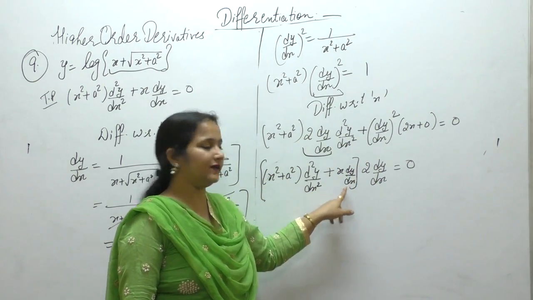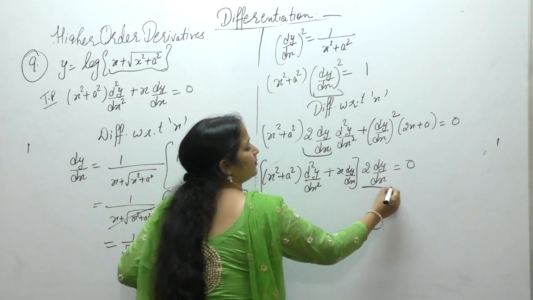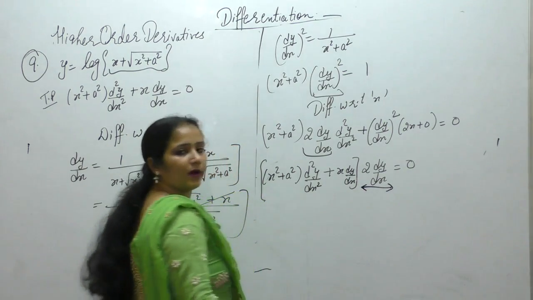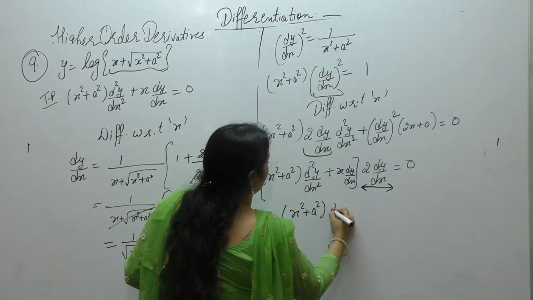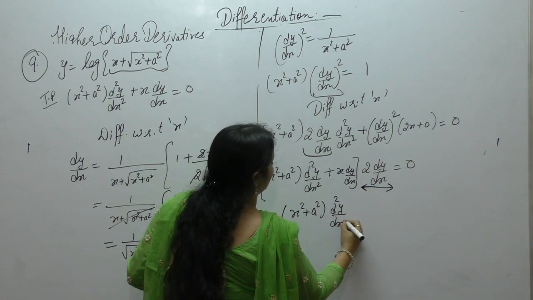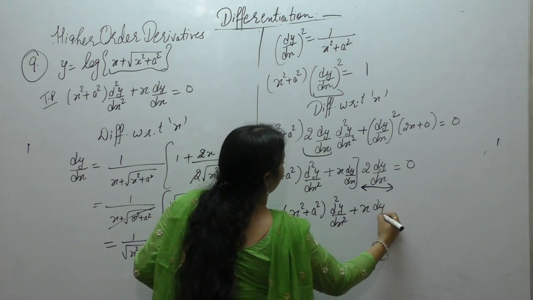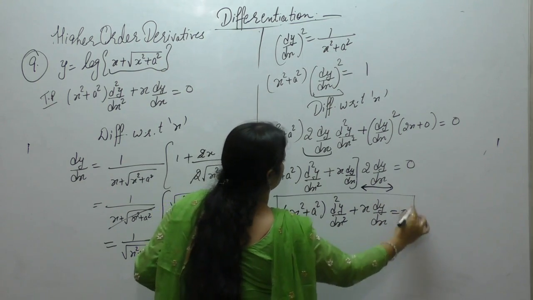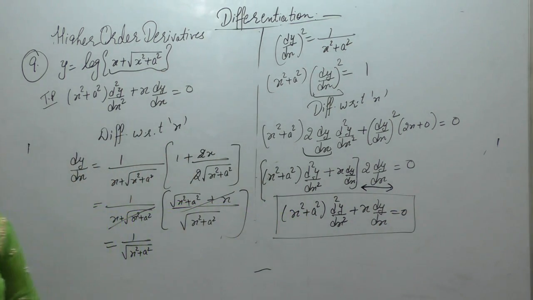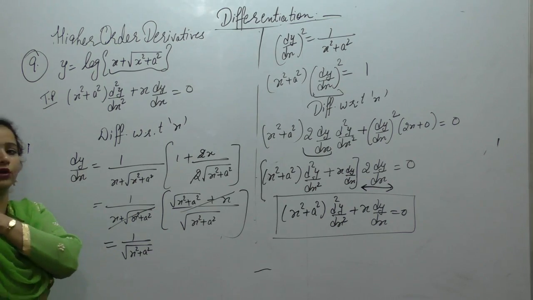So here dy upon dx. When this term goes on the right hand side, 0 upon something is 0. So we are left with x square plus a square d square y upon dx square plus x dy upon dx equals to 0. Note it down.